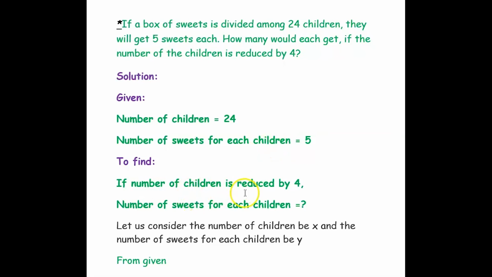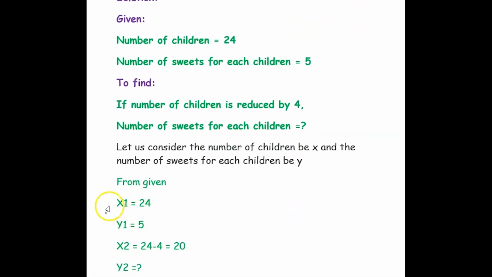Now if the number of children is reduced by 4, then the number of sweets for each child will be what? That is what we want to find out. Let's consider the number of children as x and the number of sweets for each child as y. Let x1, the number of children, be 24 and y1, the number of sweets for each child, be 5. This is from our given.